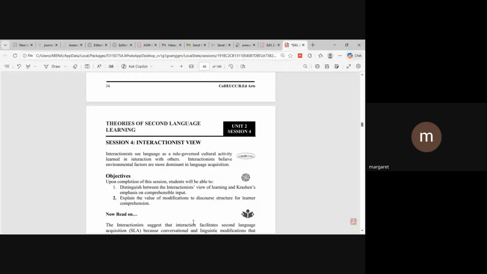So with the interactional view, learning occurs when you interact with the individuals concerned in your environment. And then comprehensible input comes from the environment that we are talking about. Are you following?